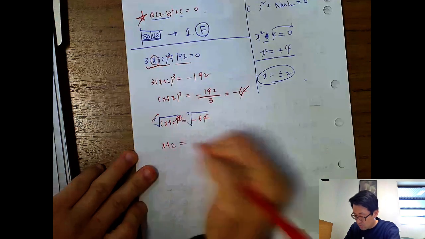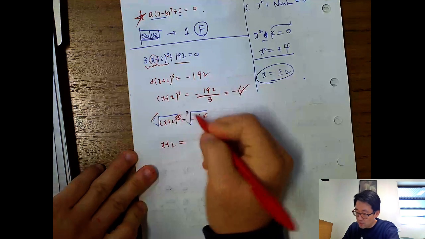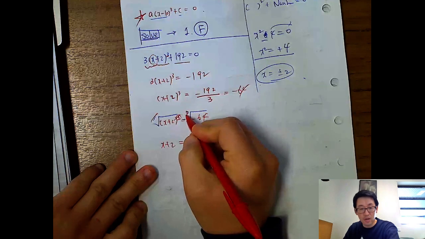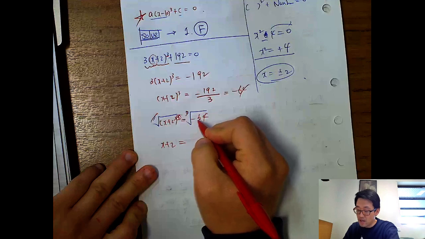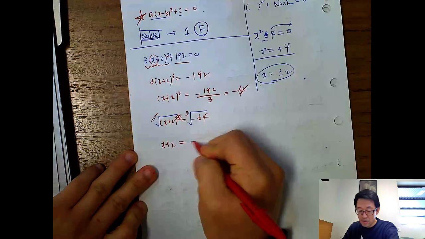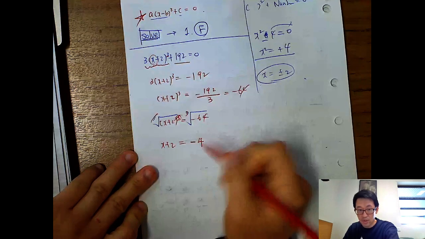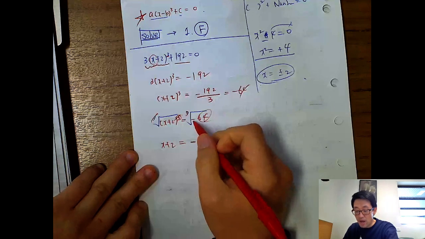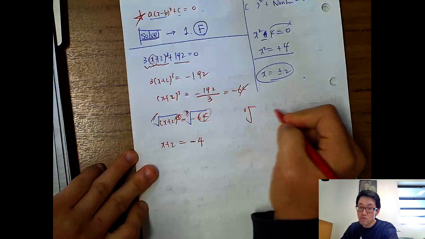x plus 2 equals what number? With cubes, you have to be careful. What number cubed gives me minus 64? Minus 4, isn't it? 4 times 4 times 4 is 64. Make sure that with a cube, it's not a squared number, you multiply 3 times.